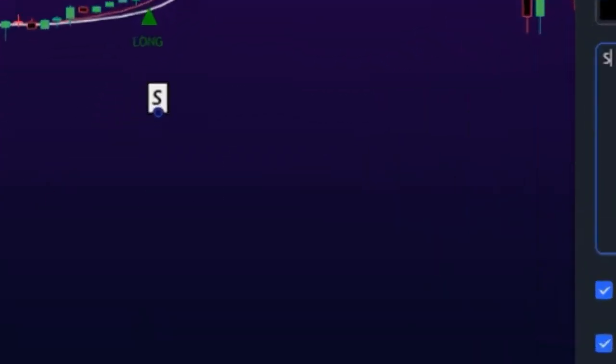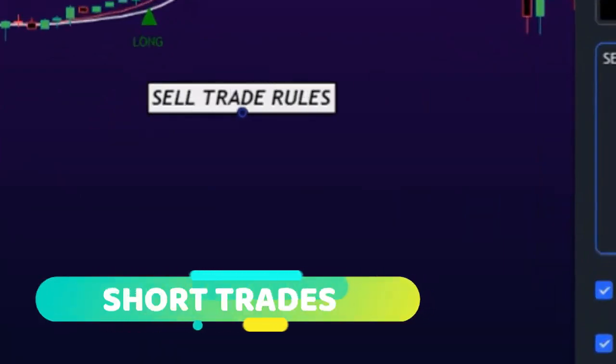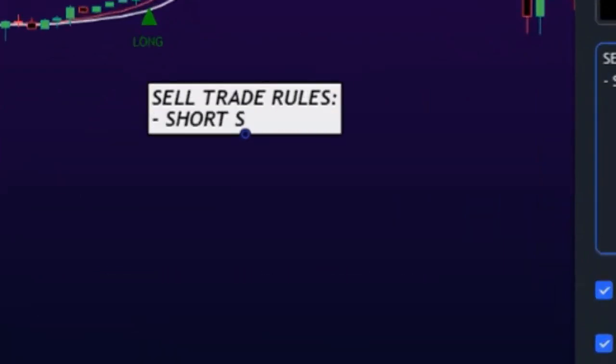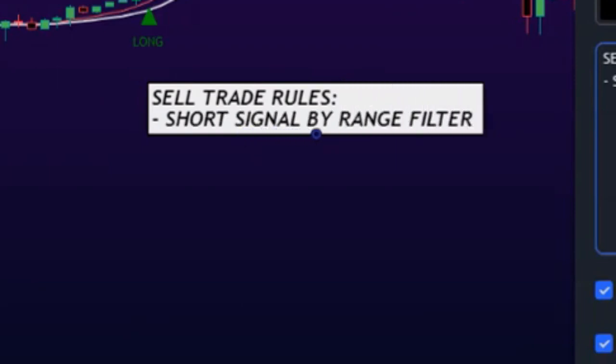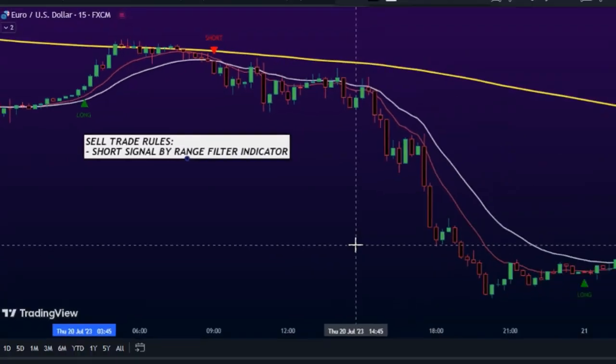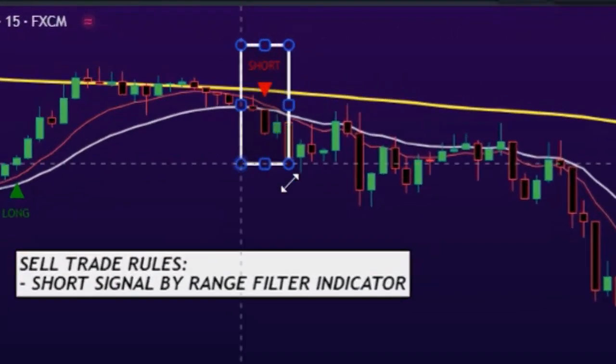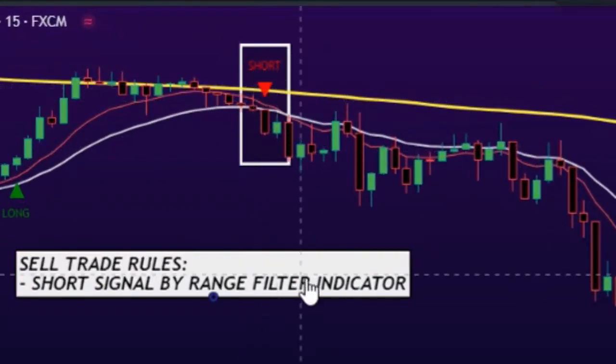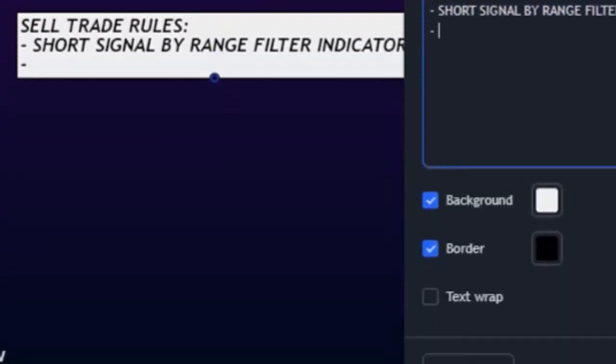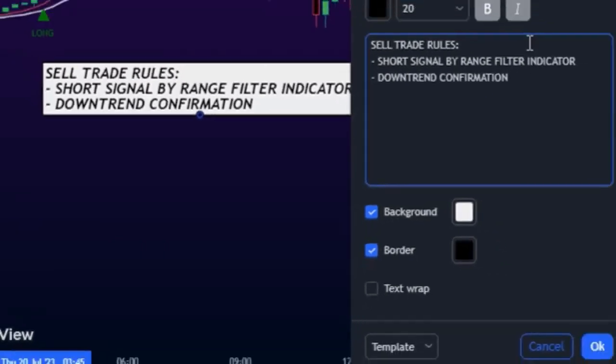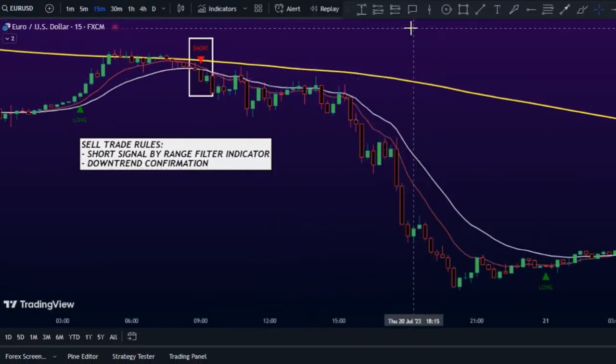And here's how we'll set ourselves up for success on the short side. First, we need the Range Filter V2 indicator to flash a sell signal. Then we need that signal backed up by 10 EMA and 20 EMA trading below the 200 SMA, indicating a downtrend.